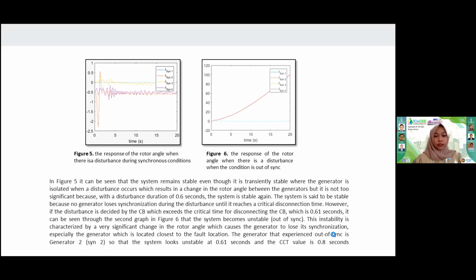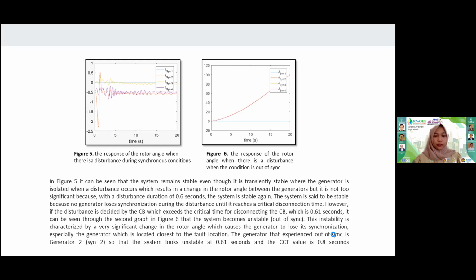However, if the disturbance is cleared by the CB twice, exceeding the critical clearing time for the fourth disconnection, the CB twice is 0.61 seconds. It can be seen in the second graph in figure 6 that the system becomes unstable. This instability is characterized by a very significant change in the rotor angle, which causes the generator to lose its synchronization.